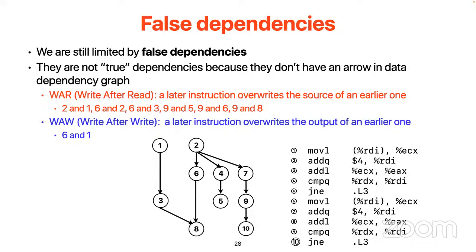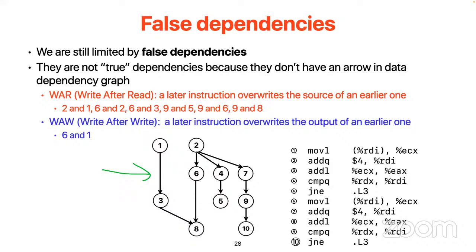So here's the thing. Although those instructions we said are problematic don't have a real dependency on this data flow graph, because we have a limited number of registers and have to reuse them again and again, we have false dependencies at the end.